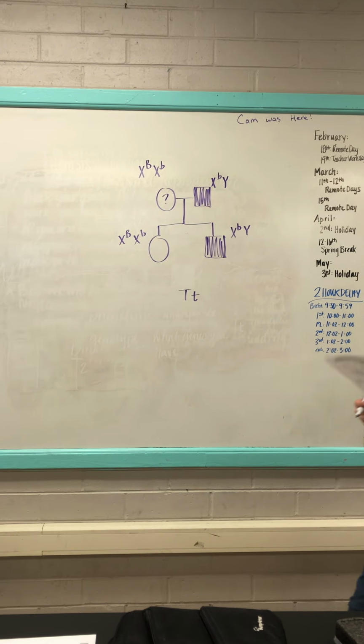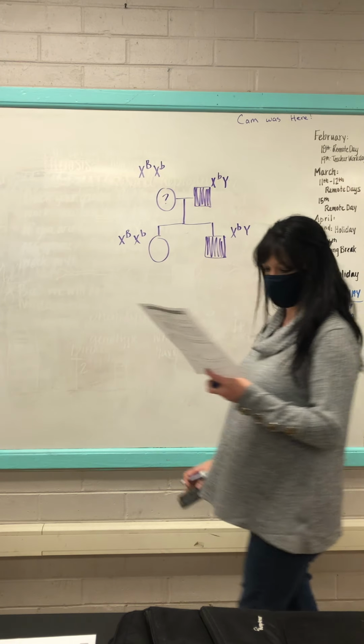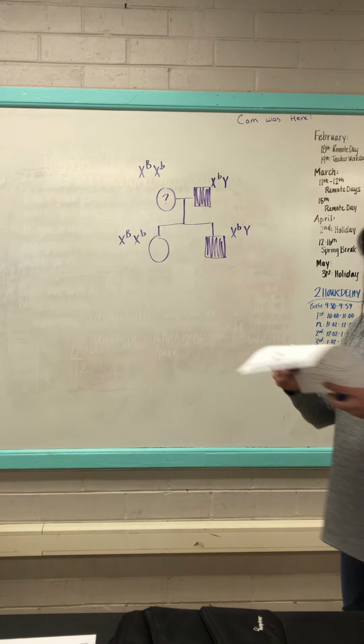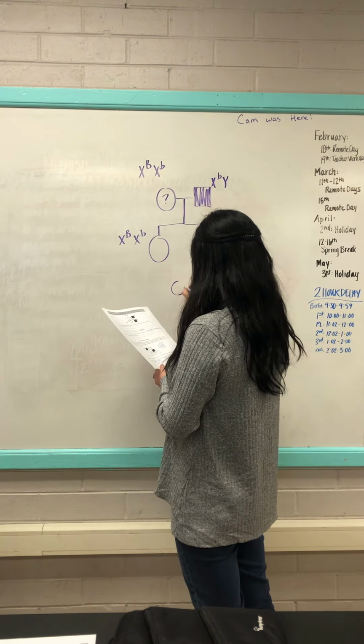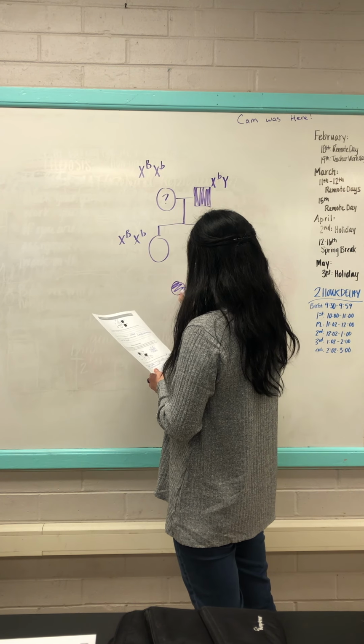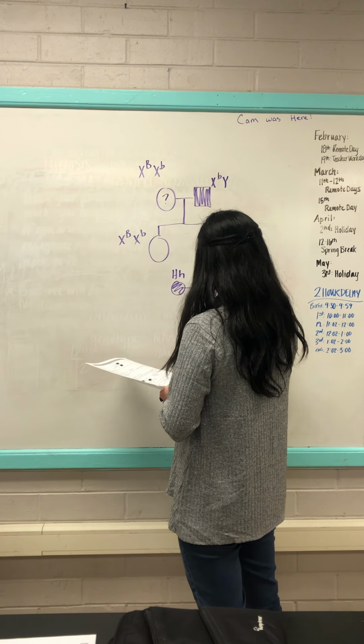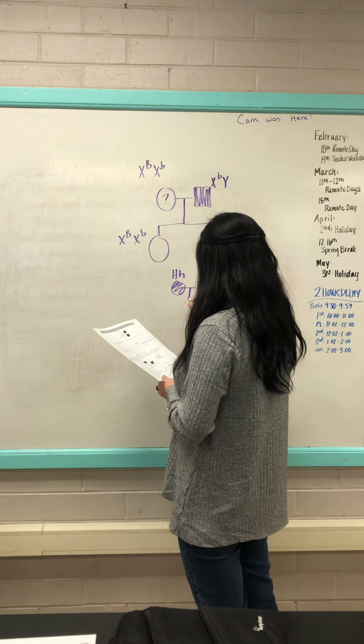All right, so the last one, the autosomal dominant pedigree. We've got the first generation. The female has it, and she's got H, little h. The male has H, little h, or little h, little h.